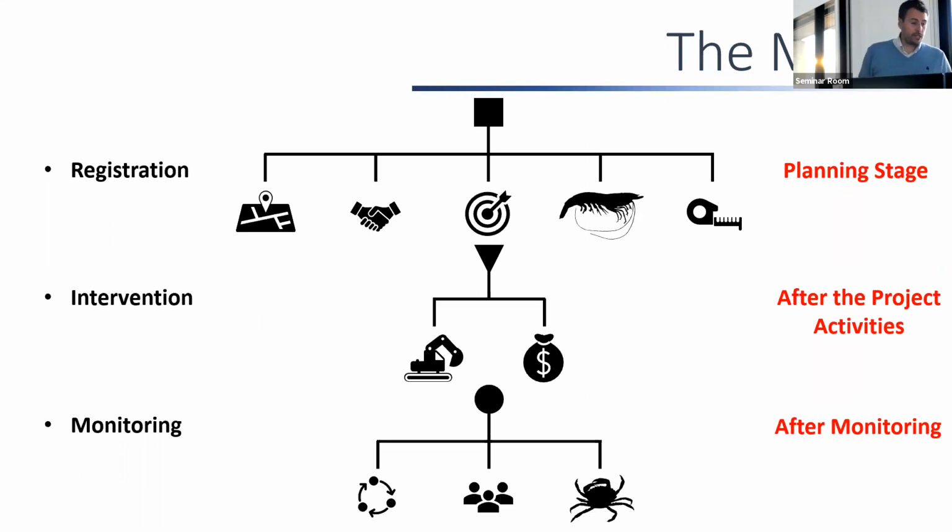Secondly is the interventions. What was done? Was it planting? Was it hydraulic restoration? What kind of community activities were undertaken? And finally, how much did it cost? And we would suggest that this would be completed after the project activities were done. And finally, there's several sections related to monitoring, both socioeconomic and also ecological, that can be completed multiple times.